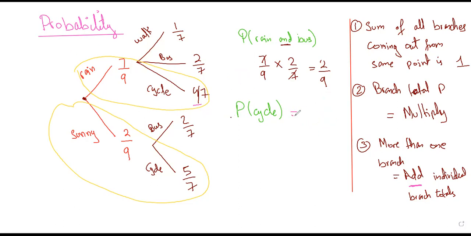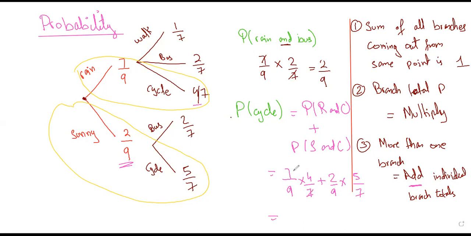So it is going to give you the probability of rainy day and cycling plus probability of sunny day and cycling. So rainy day and cycling would be 7 by 9 multiplied by 4 by 7 plus sunny day, that is 2 by 9, and cycling, that is 5 by 7. So when you simplify this, 7 and 7 would be cancelled. This would become 38 by 63. This is going to be your answer.